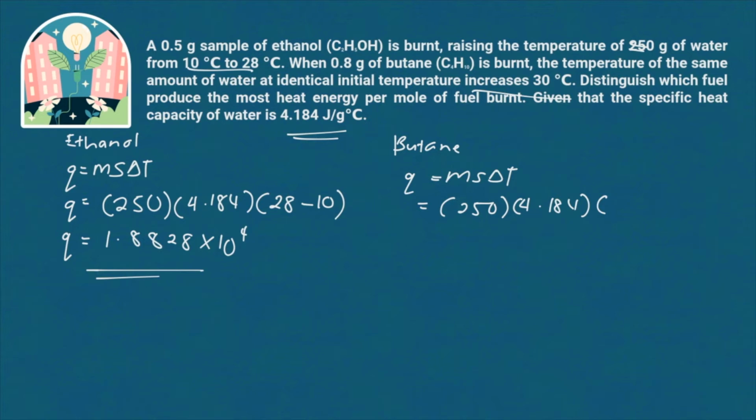So initially it is 10, so increase 30, sorry. So it means that the final temperature is 40, initial is 10. So you shall get your Q is equivalent to 3.1380 times 10 to the power of 4. That is for butane.